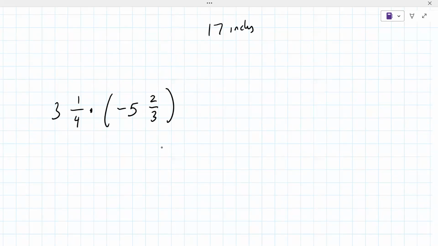Multiply a few different ways, but probably the improper fraction is the right way to go. $18 and 5/12. -18.